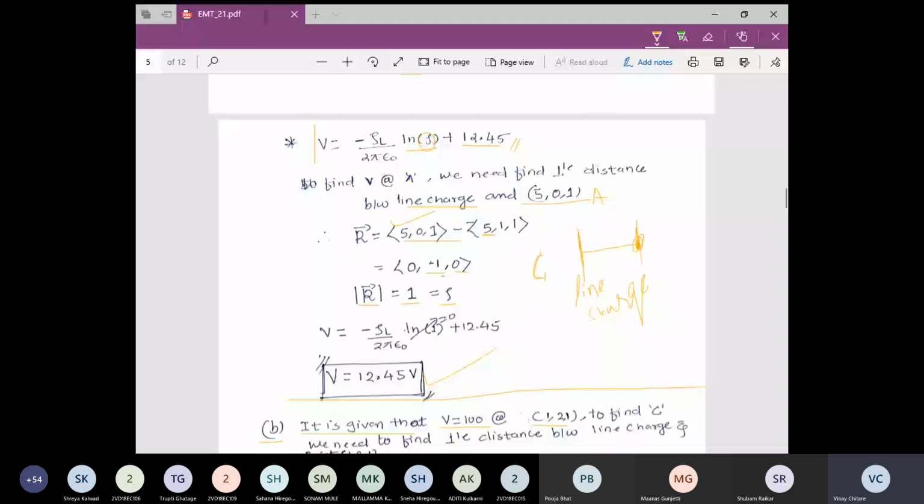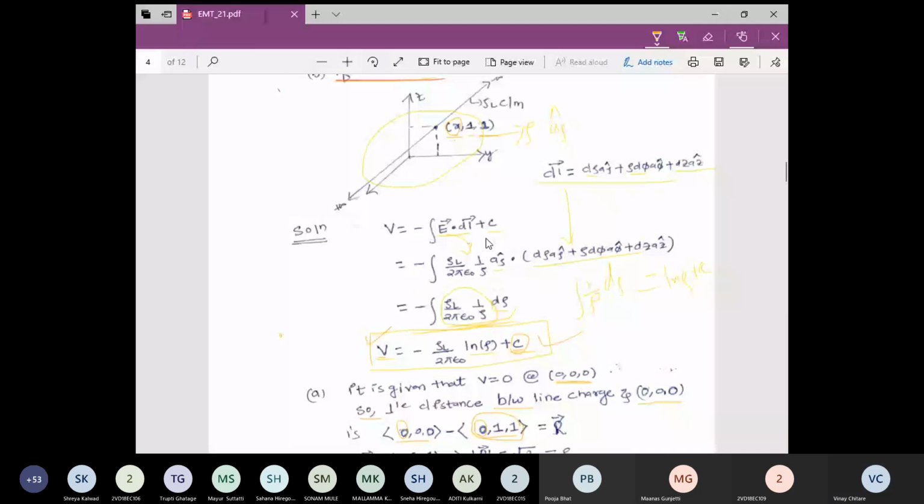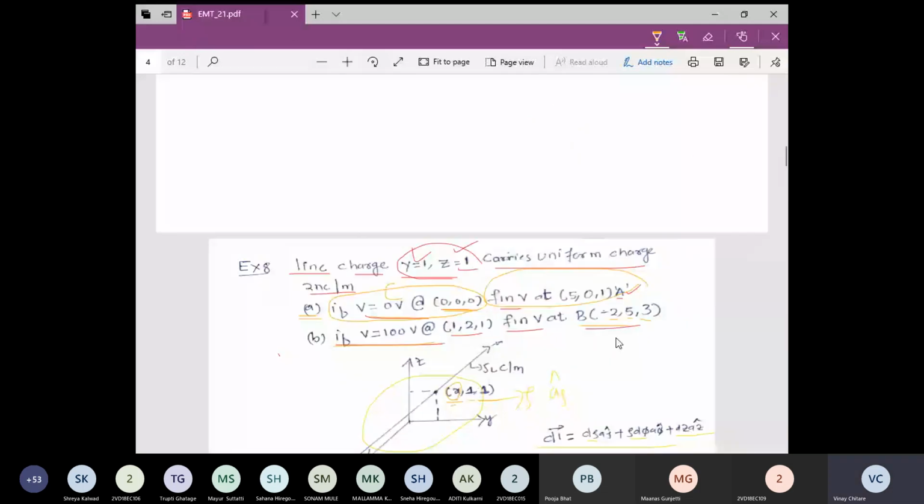Vani is absent. Between the line charge and which point? There are two points in the B part, 1, 2, 1 and minus 2, 5, 3. Which one? 1, 2, 1. Yes, it is 1, 2, 1.